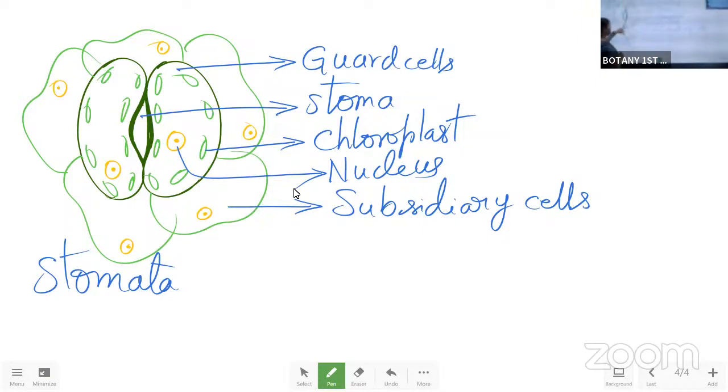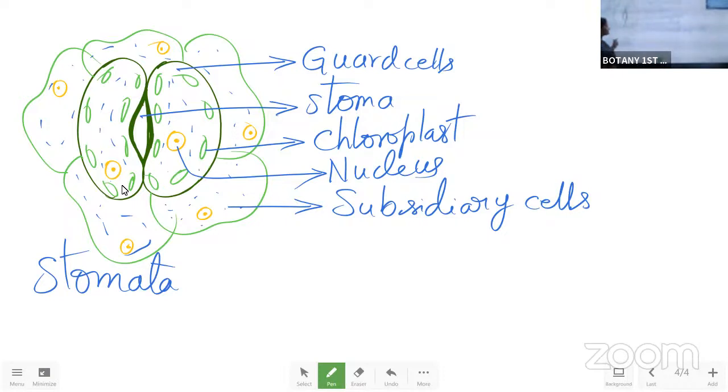And both the cells, the guard cells and the subsidiary cells, have a clear nucleus and cytoplasm. And this is the cytoplasm in it. And both have chloroplasts in them.